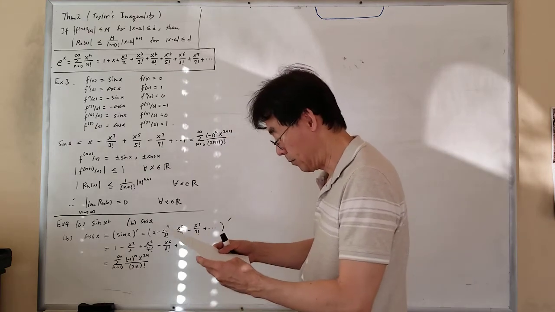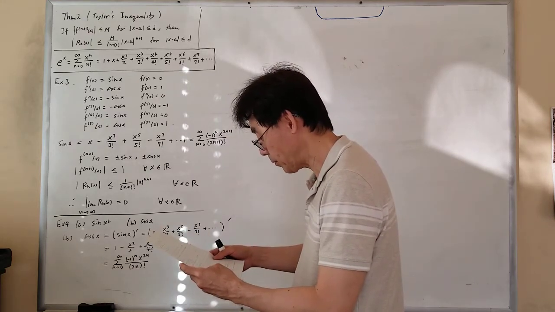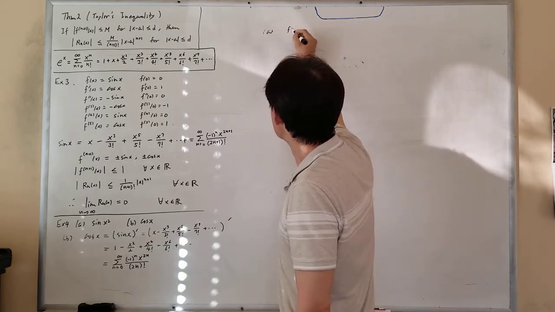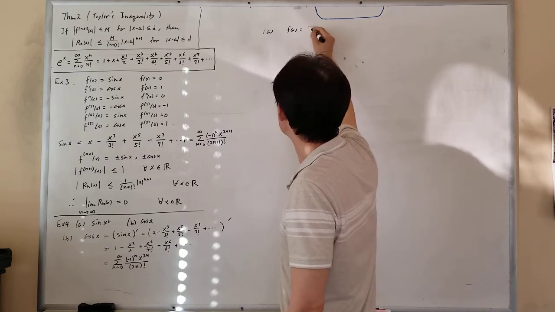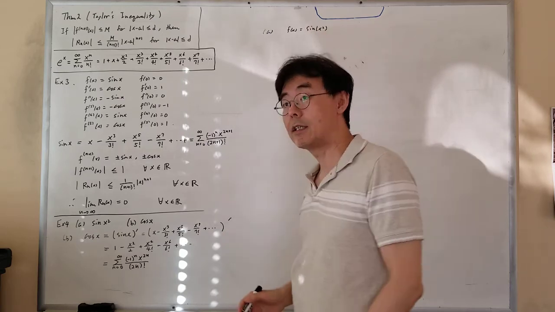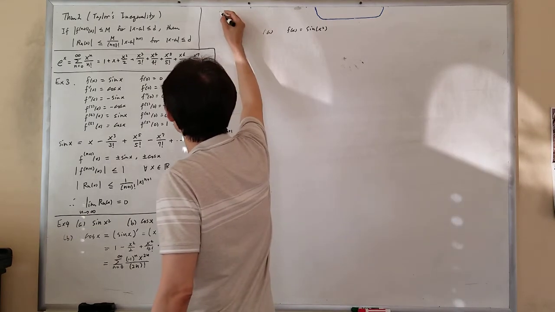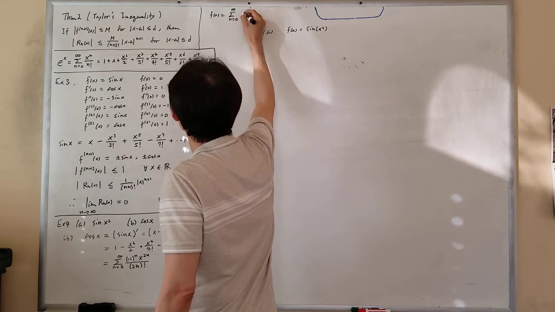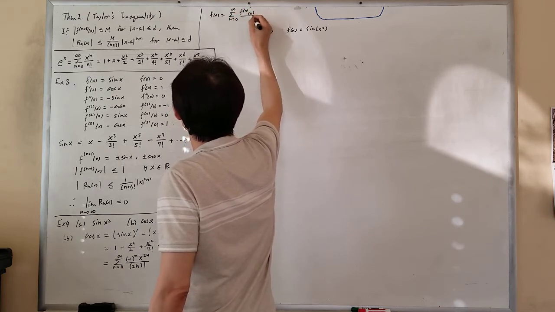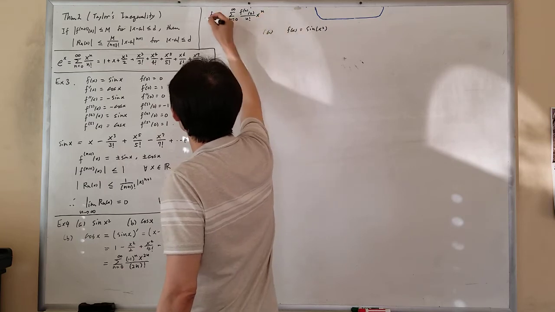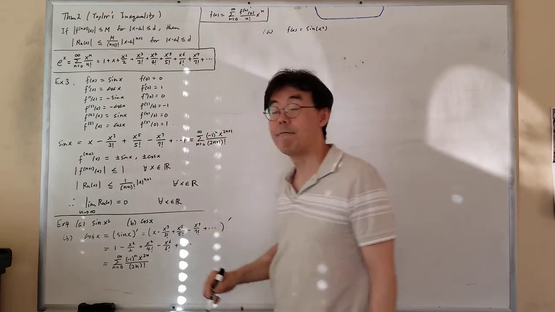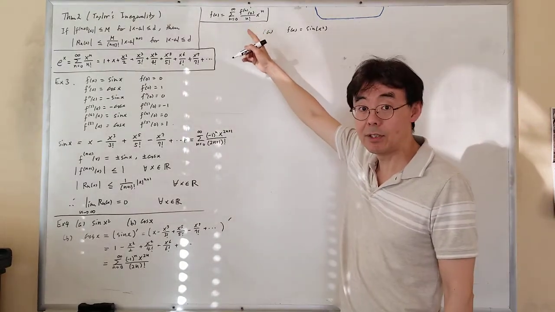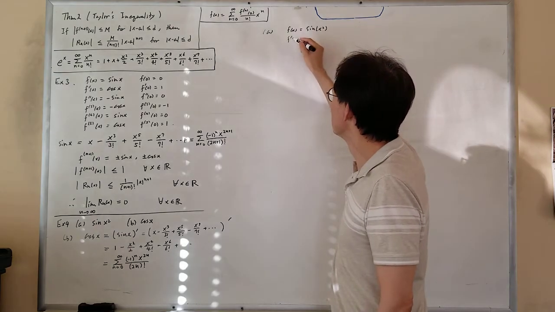Now for a, think about a. Now you could do this: the Taylor series formula, Maclaurin series. The nth order derivative at 0 over n factorial times x to the n. This is elegant and very easy to remember. But when you try to use this Taylor series formula here, what do you have to do?